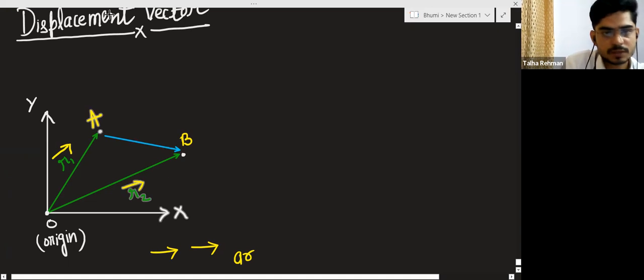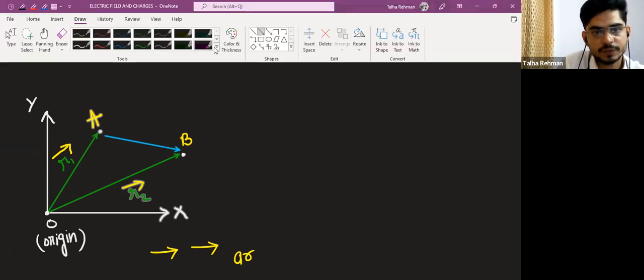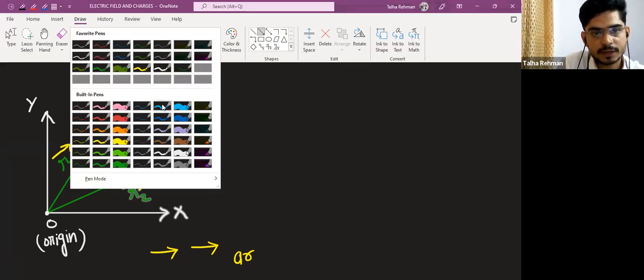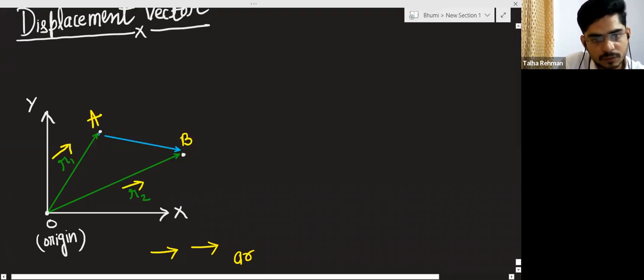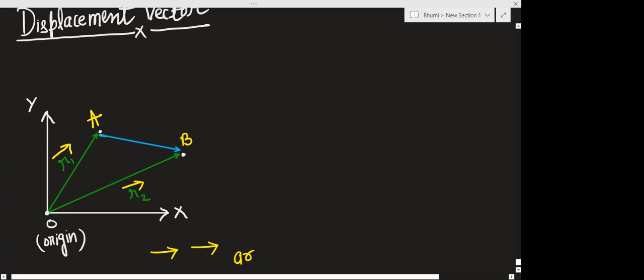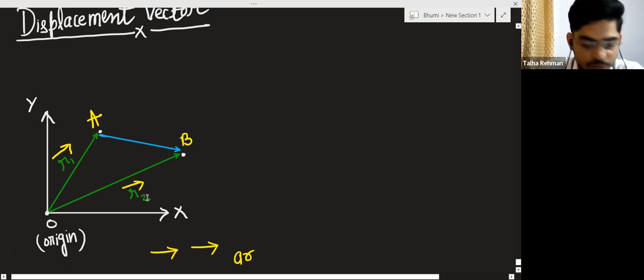Means someone is moving from A to B. So AB vector is displacement vector.